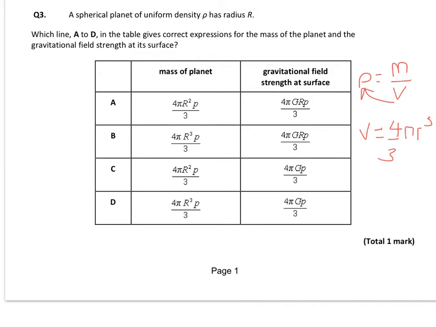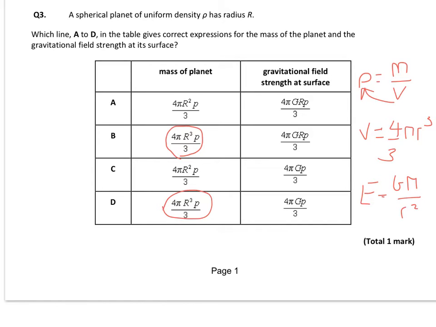So let's have a look. So that could be this one, or it could be this one here at the moment. So we also then need to think about the field strength. So remember, field strength is going to have Gm over r squared.